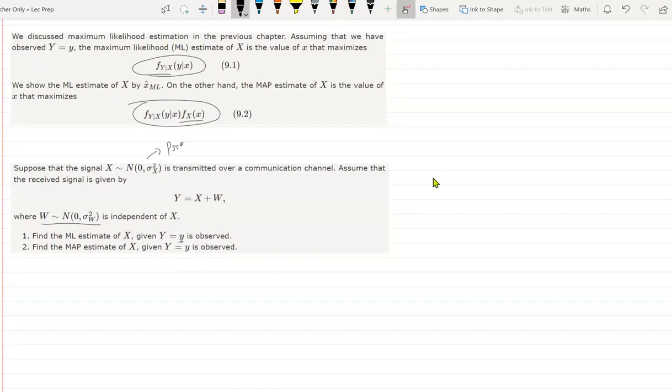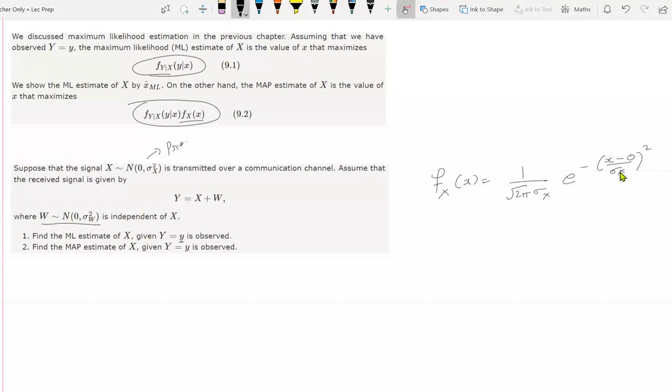So what all are we told? We are told the density function of X. What is the density function of X? It is 1 by root of 2 pi sigma X, e raised to minus (X minus mu, that is 0 here) the whole squared, divided by sigma X. Is that fine?